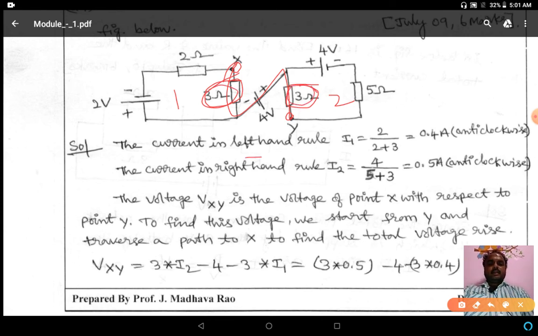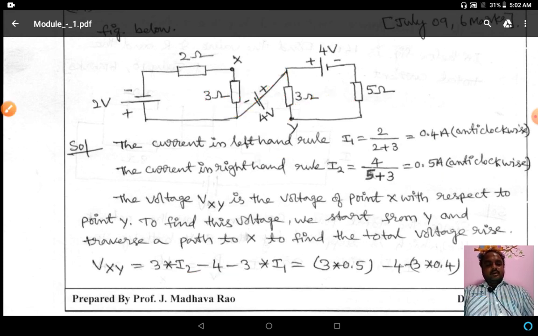So the current in the left hand loop, I1, loop 1, is equal to 0.4 amperes, and loop 2 is equal to supply voltage divided by total resistance, right? 4 by 5 plus 3, that is equal to 0.5 amperes. Now Vxy is equal to 3 into I2 minus 4 minus 3 into I1.